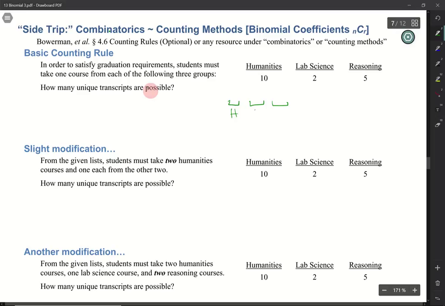Lab science? Reasoning? The number of possibilities for humanities is 10, lab science is 2, and reasoning is 5. So we just multiply those. 2 times 5 is 10, times 10 is 100.